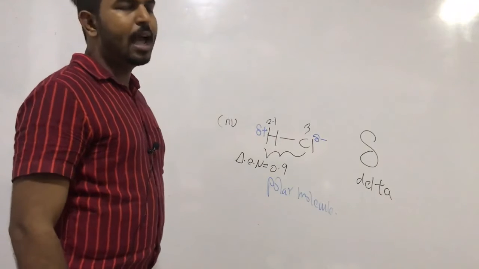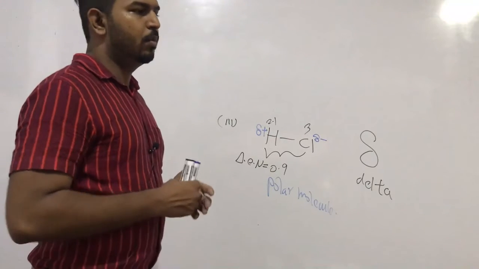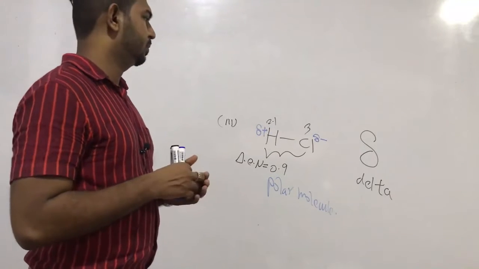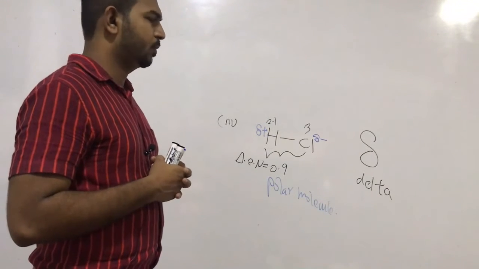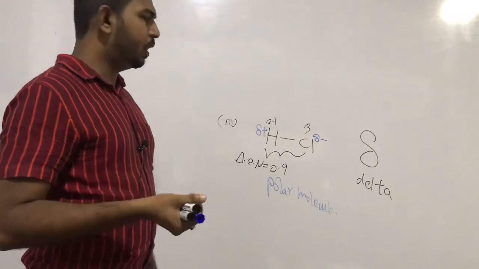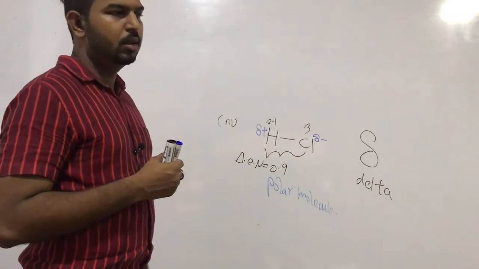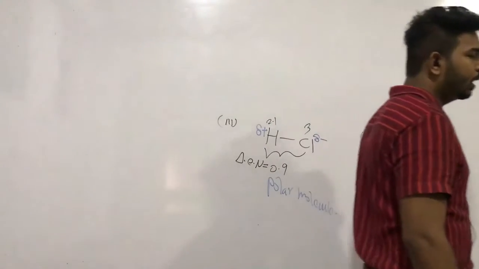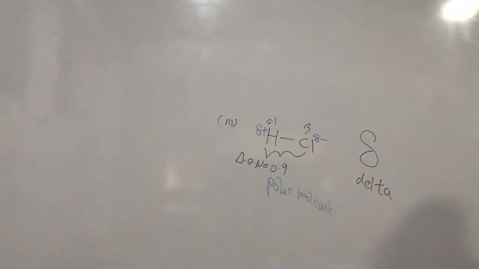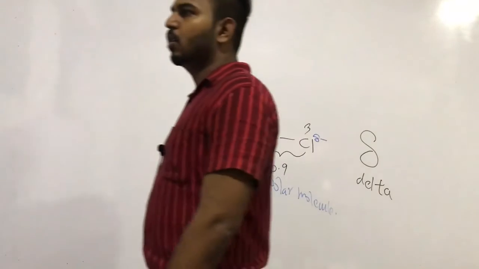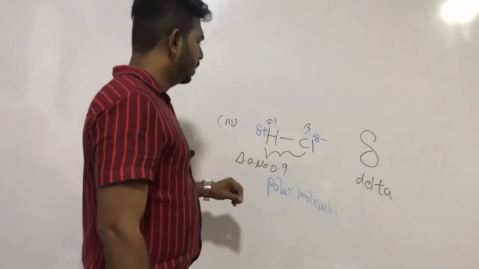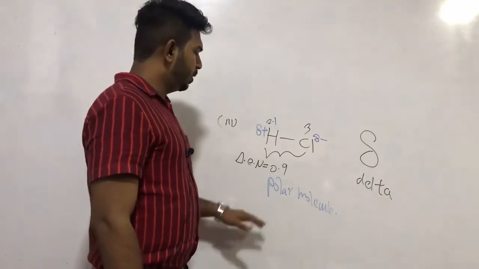Molecules with an electronegativity difference are called polar molecules. These are called polar molecules.